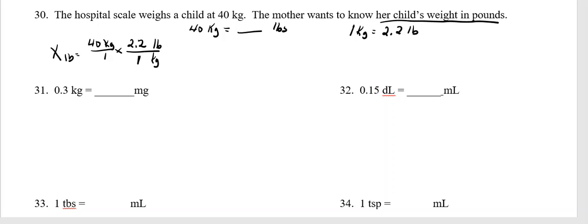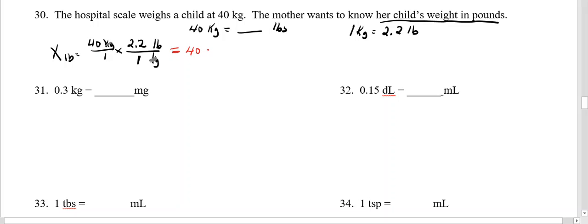I'm going to cancel out my unit of measure, and remember, putting that unit of measure there is really important. Keeps you on track. Make sure that you are working your calculations correctly, that you're using the right units of measure. And then I'm going to multiply 40 times 2.2, and when I do that, I get 88 kilograms.